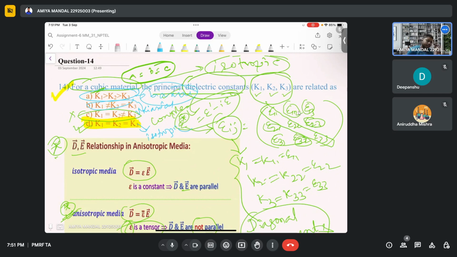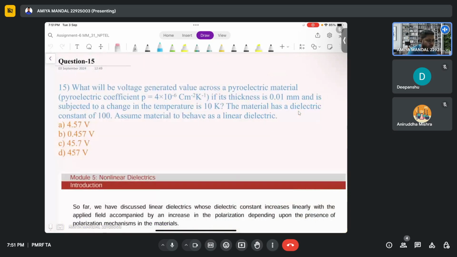Okay, so I think I have tried to understand all these questions. And this is the last question. There is a problem involving pyroelectricity. Pyroelectricity is nothing but, instead of an applied electric field, sorry, application of temperature.